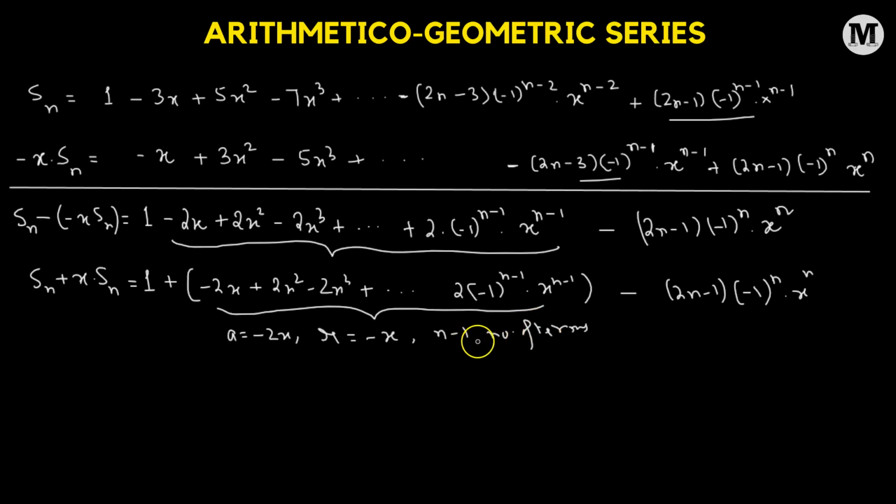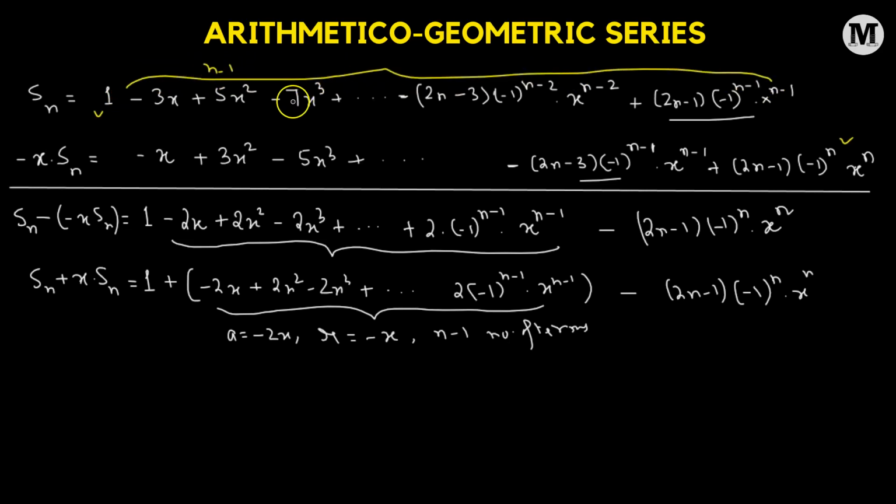Now let's understand why there are n minus 1 terms and not n terms. When we performed the subtraction, we didn't use the first term of Sn and we also didn't use the last term of negative x Sn. In Sn, there are a total of n terms, and if we exclude the first term, we're left with only n minus 1 terms.